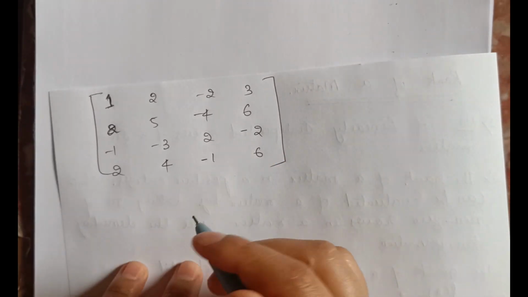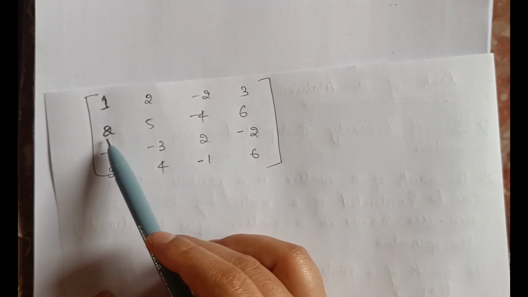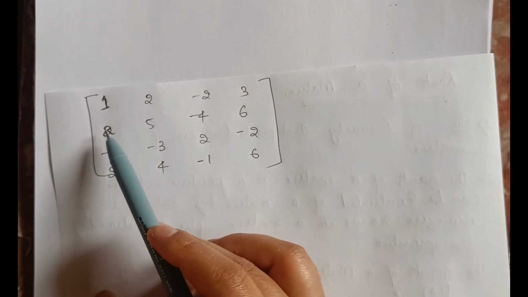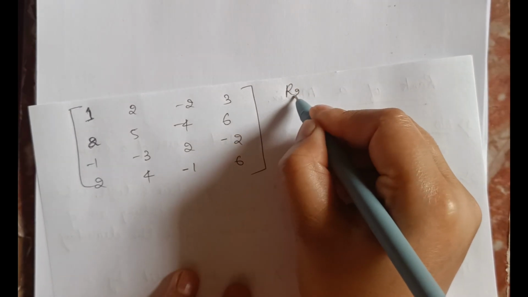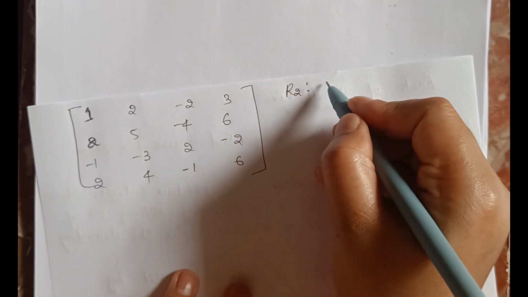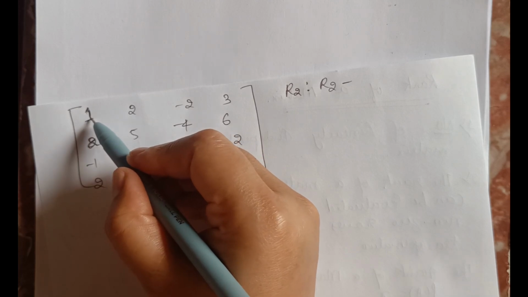So what operation can you perform to make this 2 a 0? Let's perform an operation on row 2. Row 2 changes to row 2 minus 2r1, right?